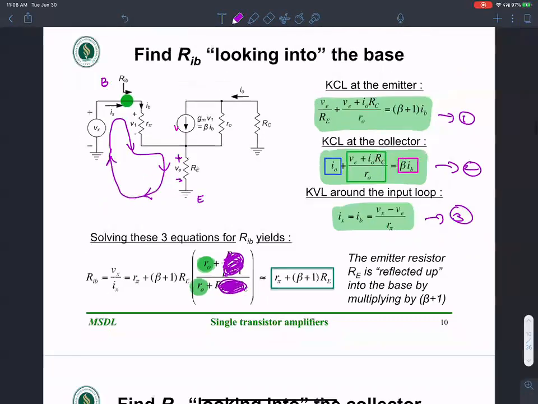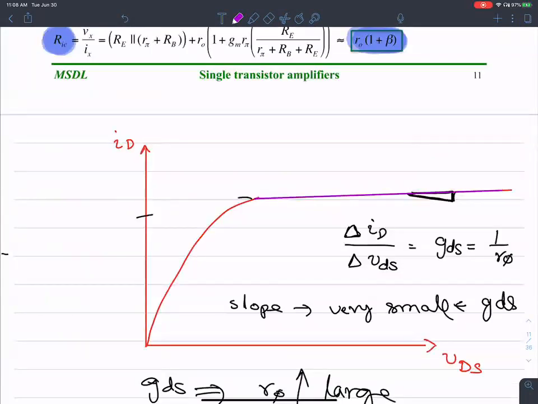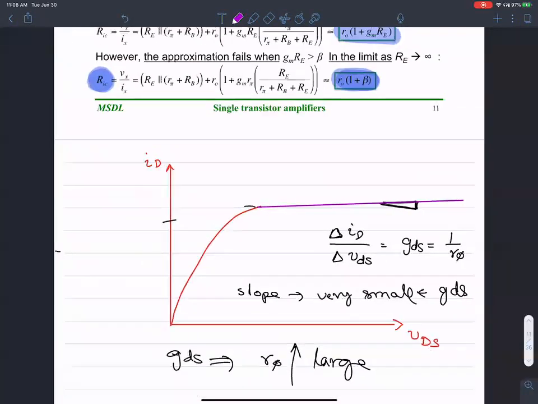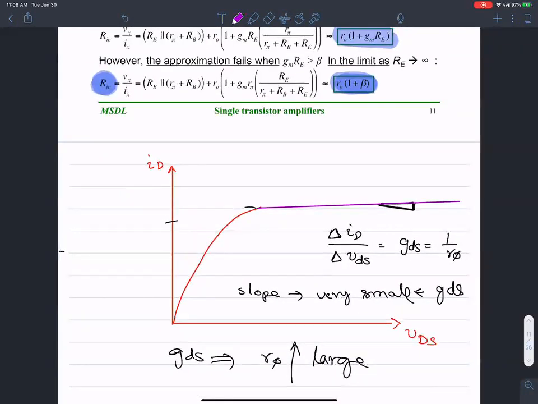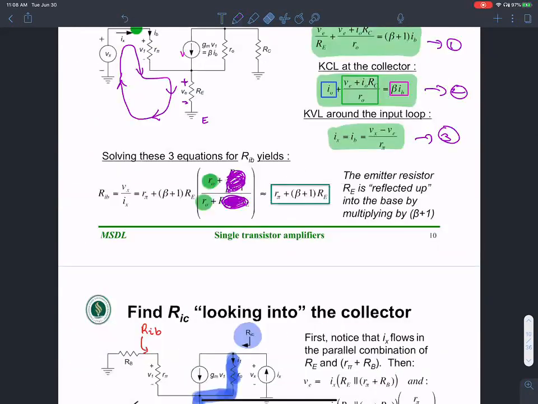The slope of this is so small that it's almost close to 0. If you take the inverse slope of it, that is R naught. Because the slope is small, the inverse slope is extremely large. So by that argument, R naught is so large that these teeny tiny numbers don't make a whole lot of difference between the numerator and denominator, and I'm going to approximate them to be equal, the numerator and denominator.